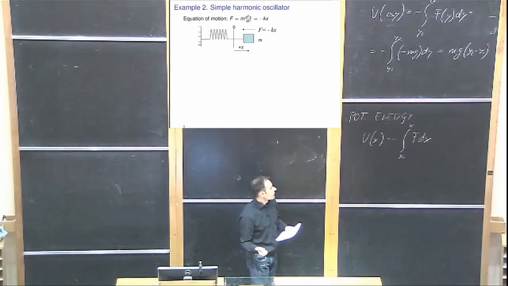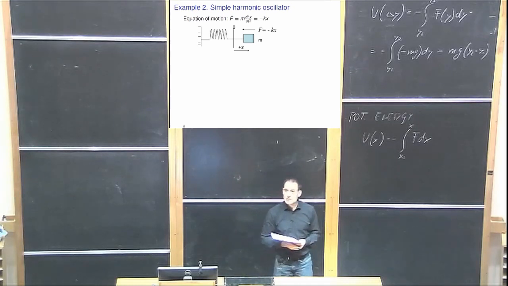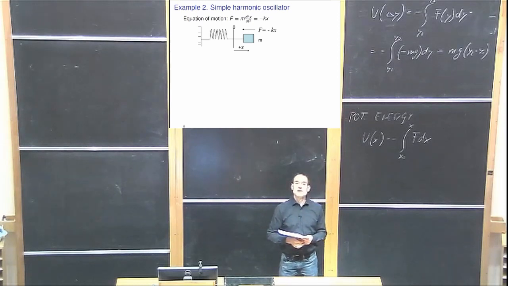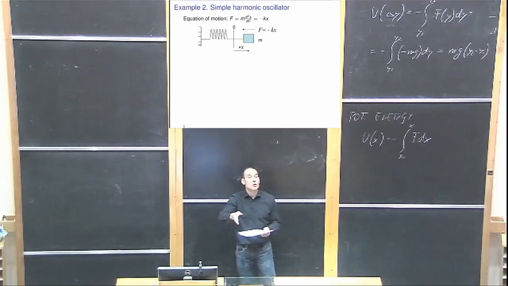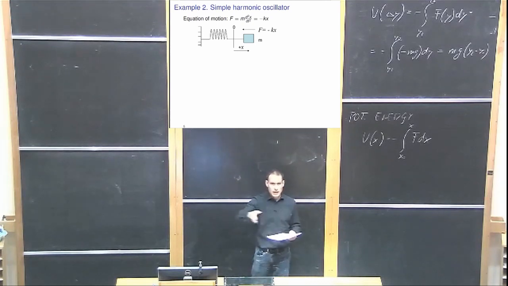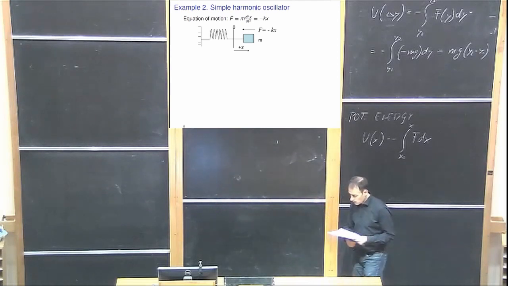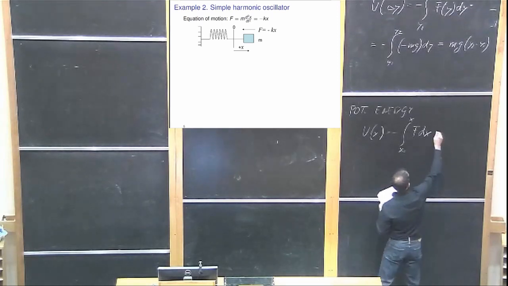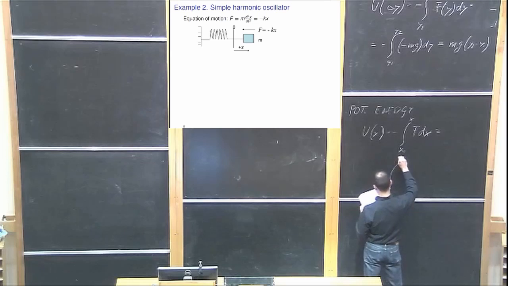In this example, where would you set x naught? Exactly, where if you start the mass, it would not move. So you haven't displaced it either way. And that's a clever way of using it, and also setting up the coordinate system such that we go from 0 to x.